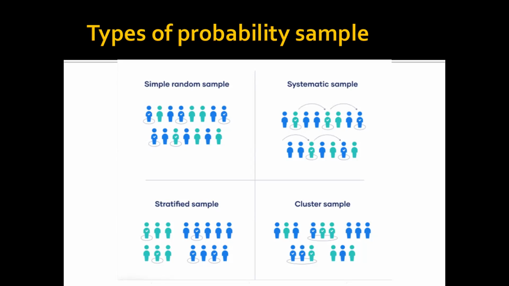Ma'am, in simple random sample, you basically will pick any random person regardless of what group they belong to, what age they belong to, or what gender they belong to. It doesn't matter. Okay, good. Okay, and suppose I want to take stratified sample from the same group of you all students.